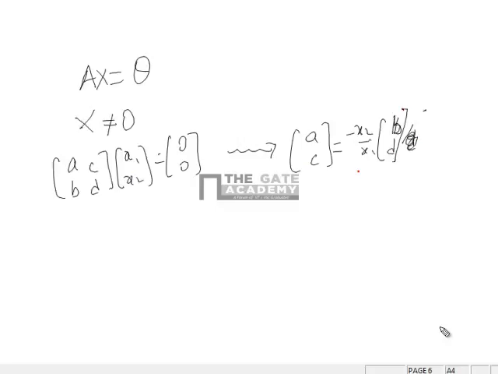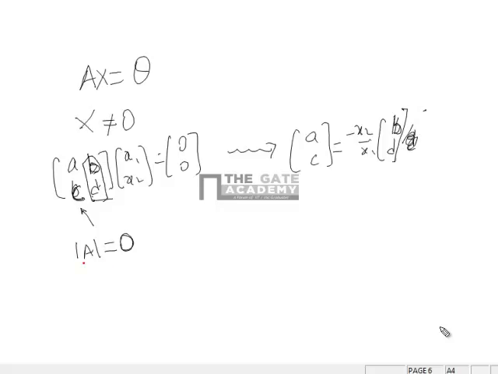That is, I am able to reconstruct this column using this column itself. If I have this, then in such a case we proved that determinant A will become 0. Correct?